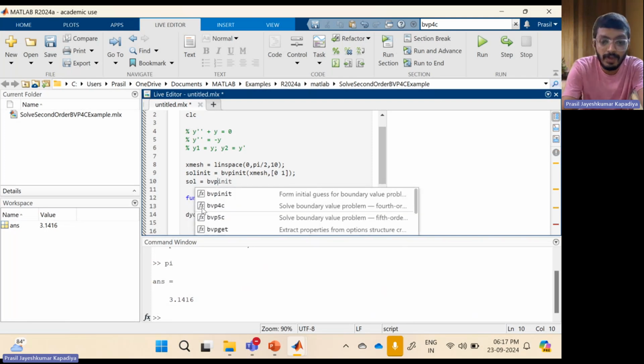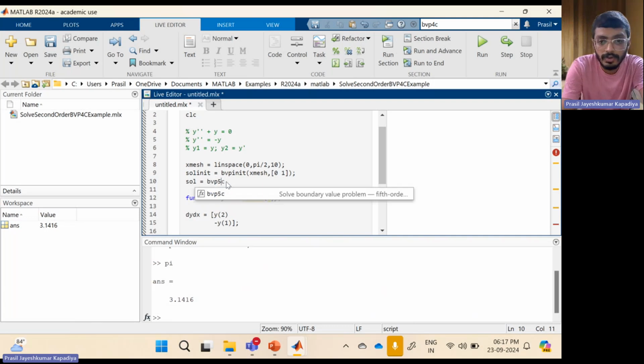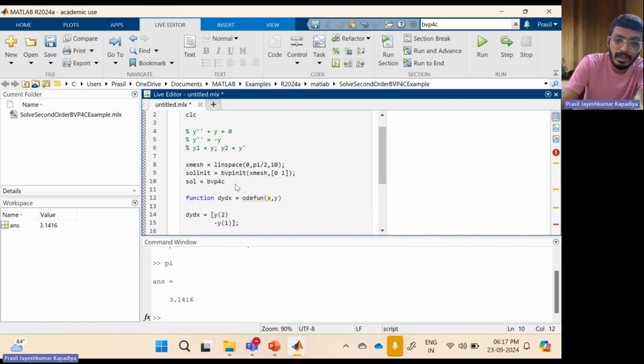And when I use bvp5c, it uses a fifth order method. I don't know why it's not coming out. See, fifth order method. Okay, so we are currently going to use bvp4c.